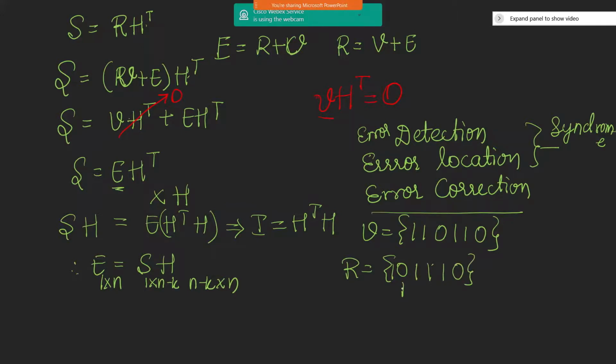So the second bit and third bit are in error. So the error pattern that we will be obtaining is 0 1 1 0 0 0. But such an error, we will only be able to say that the received vector has ended up in an error, but we cannot go and correct both the bits.